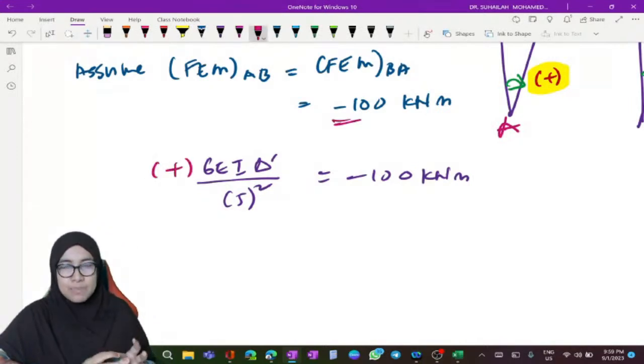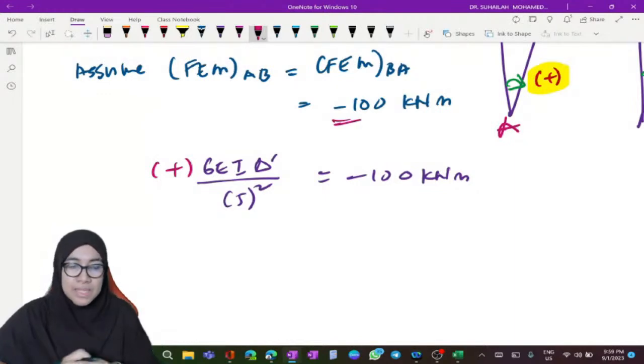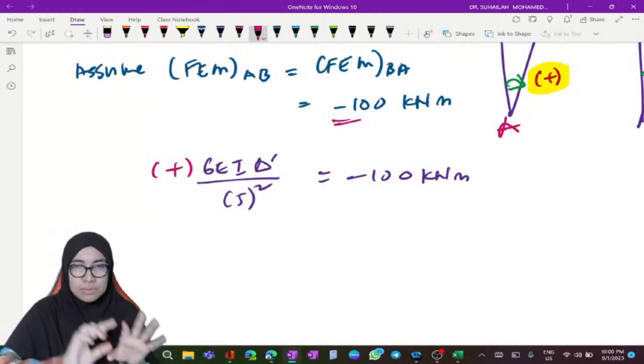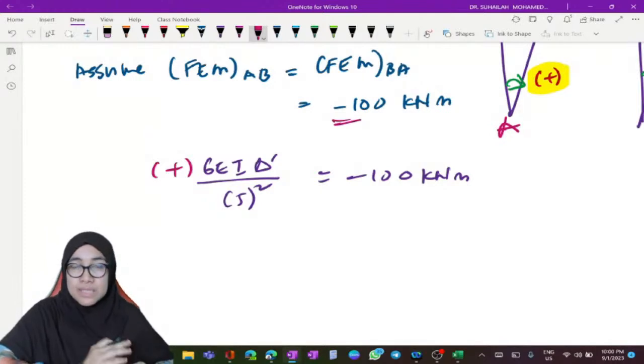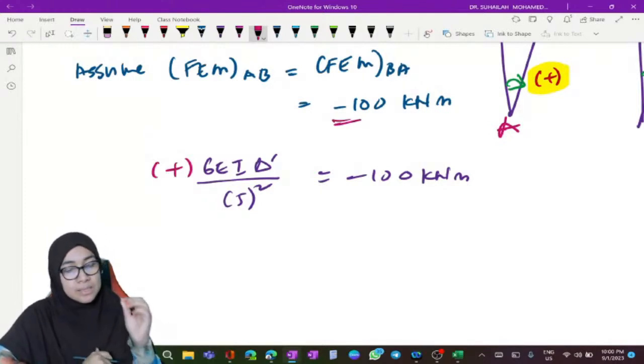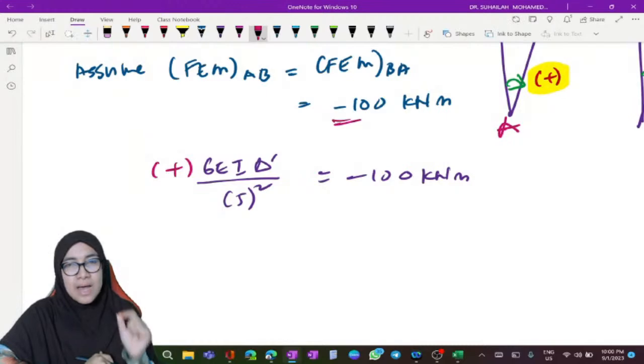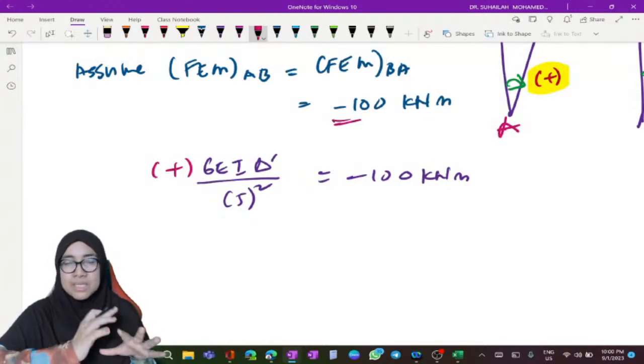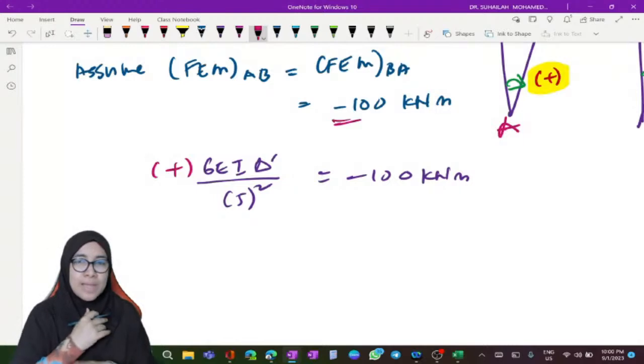So angle is positive, FEM is negative. I put the positive angle in the bracket. So 6EI delta over L squared is the formula. We use delta prime because this is for table number 2. We always label with prime, delta prime.